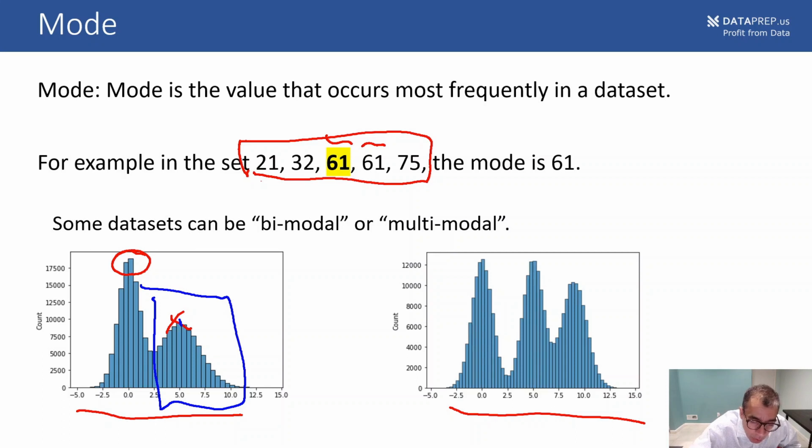And therefore, this is also in some ways a modal value of sorts. In this data set, again, we see the same thing here. Even though this may be the highest point in terms of the number of occurrences, these values are also equally important in some ways, and these would be interesting to know about as well if we are analyzing the data. And these are what we call bimodal or multimodal data sets.